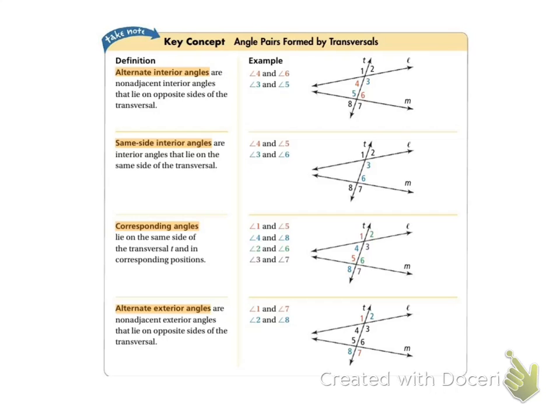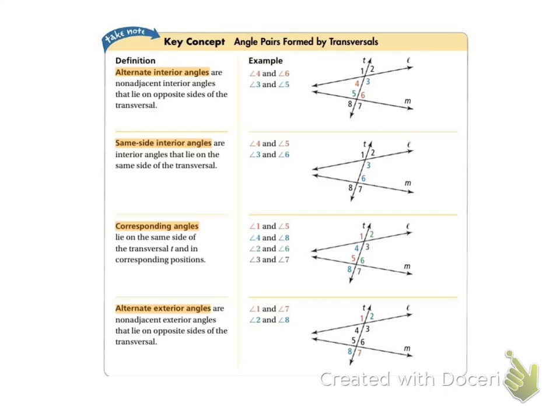Same side interior angles are angles that are again on the interior, but this time they're on the same side of that transversal, the line cutting through. Corresponding angles lie on the same side of the transversal and in corresponding positions.